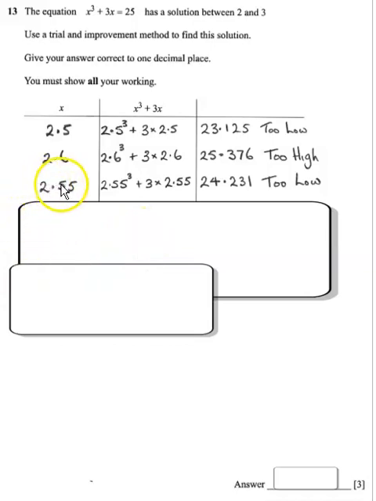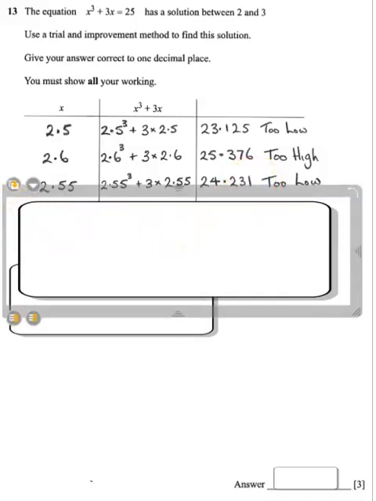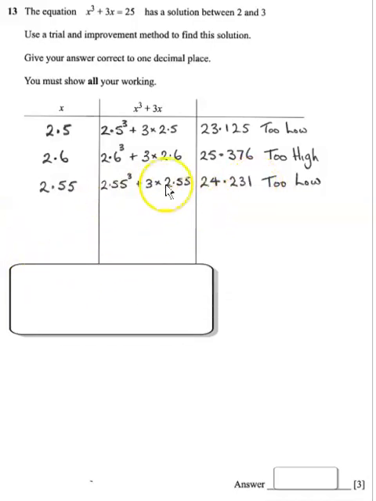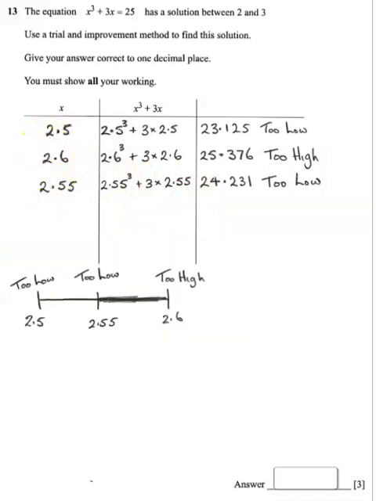So we do 2.55, and we just throw it into the expression again. So we've got 2.55 cubed plus 3 times 2.55, and we get 24.231. When we compare it to 25, we can see it is too low. So we can work out which one of 2.5 or 2.6 is the answer.